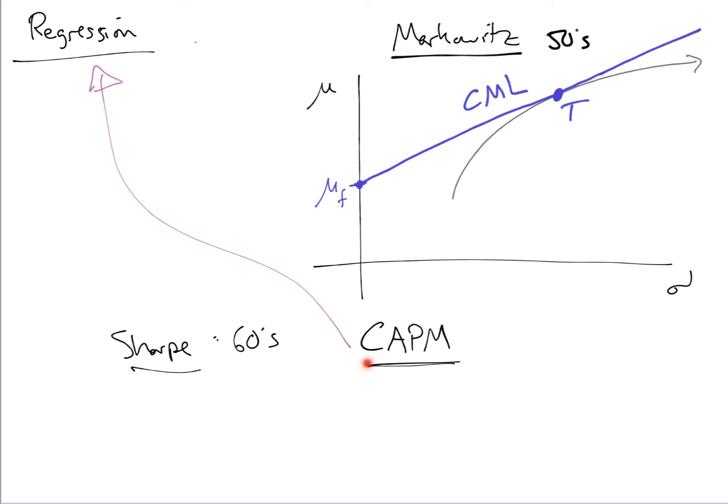So we need some regression tools to understand how regression becomes a part of the capital asset pricing model as we begin to extend it from this Markowitz framework.